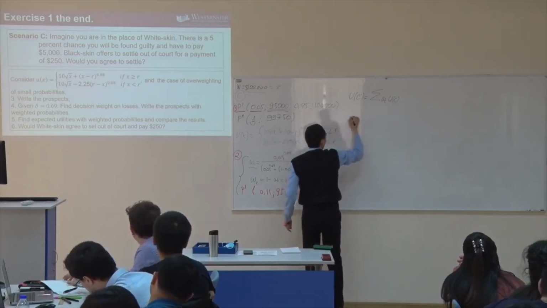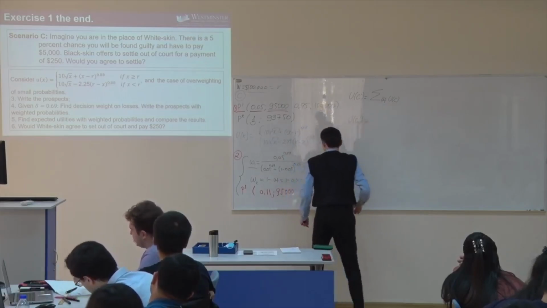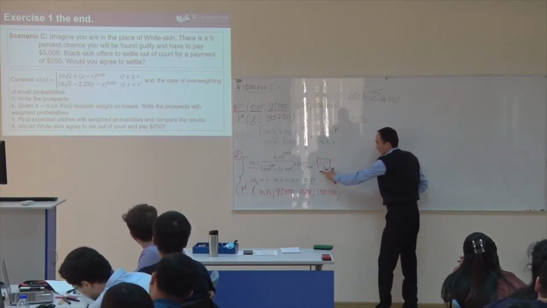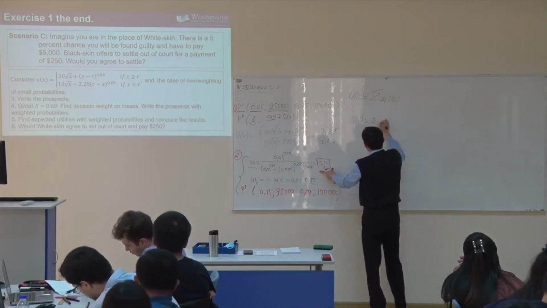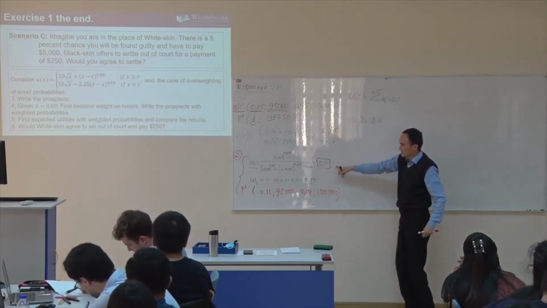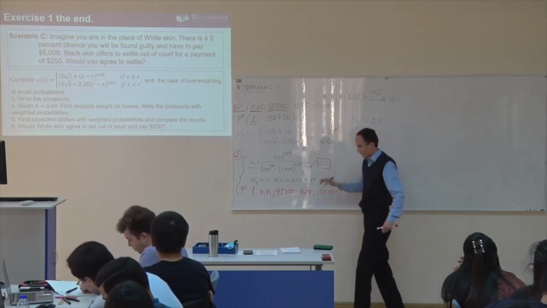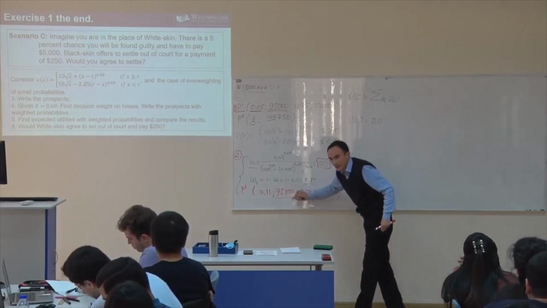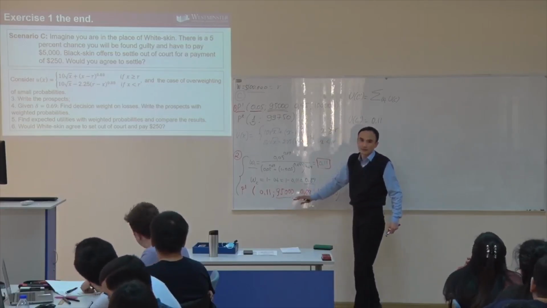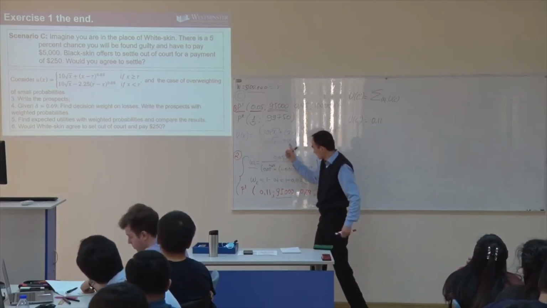And now here, pay very close attention, students. Look, now we are saying that there is an 11% probability that he is going to lose the case. If he loses the case, what will be his final wealth equal to? 95,000. Is it greater or less than the reference point? Less. Which one are we going to apply? The second one.